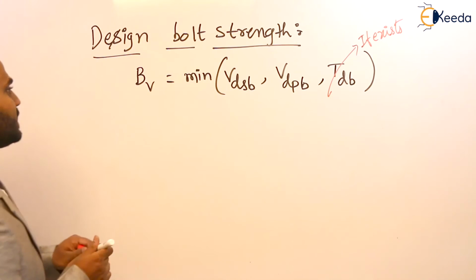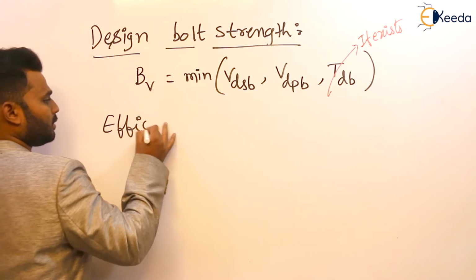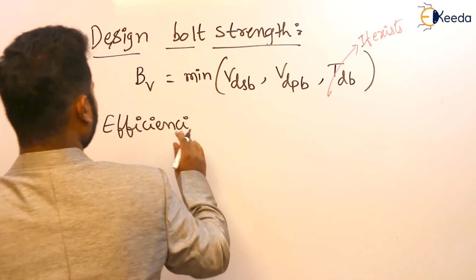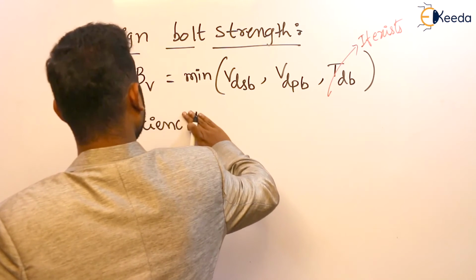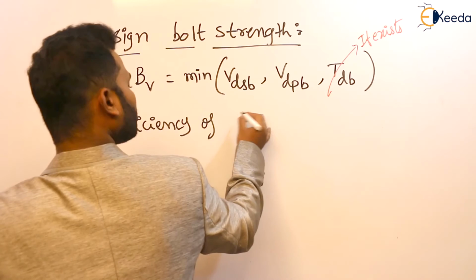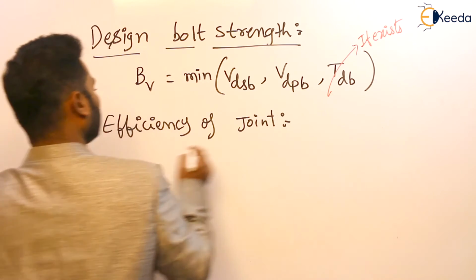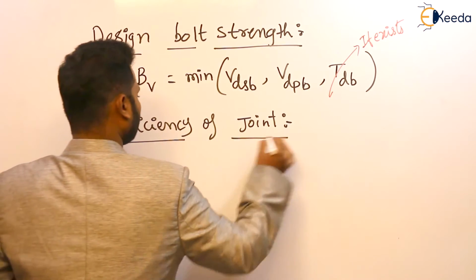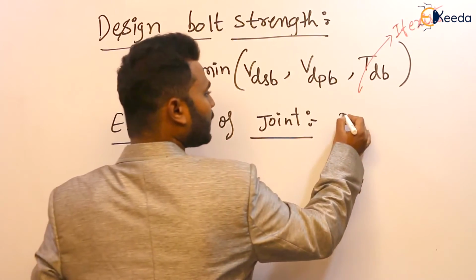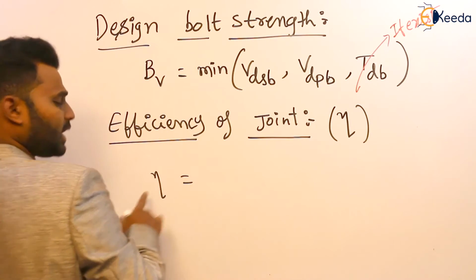Next is the efficiency of the joint. Efficiency of a bolted joint, or simply joint, we represent with eta.